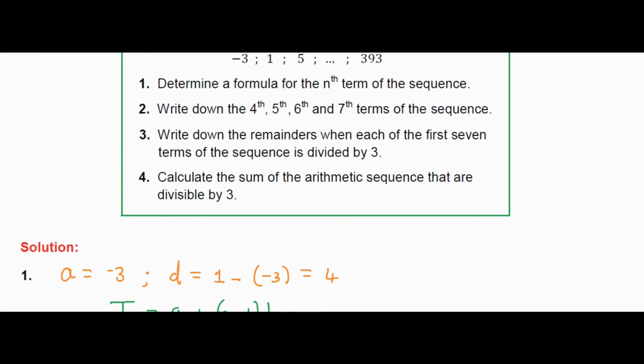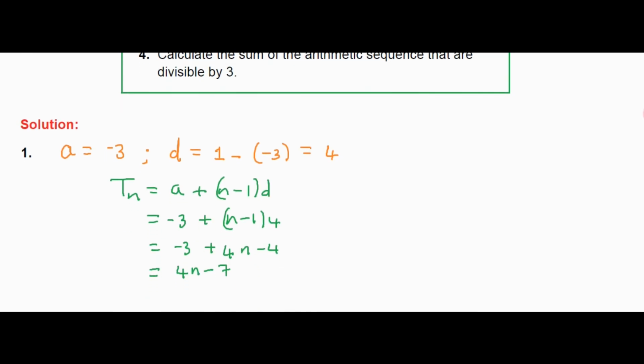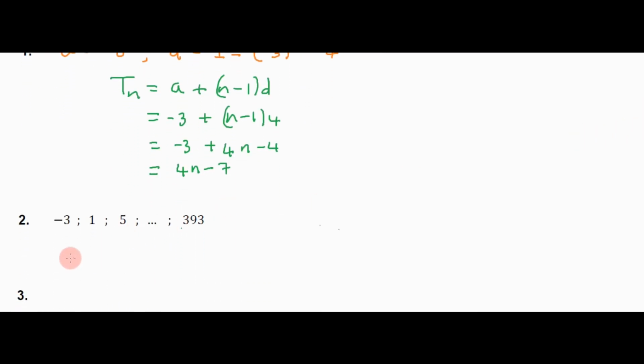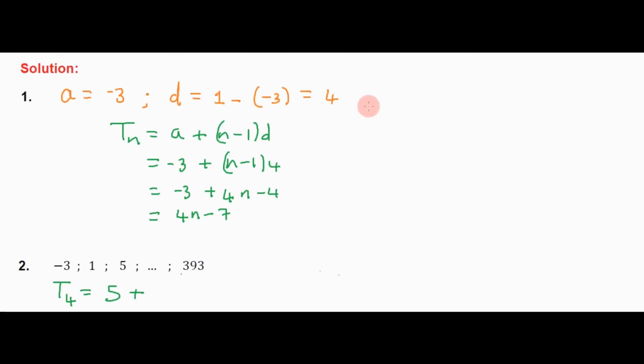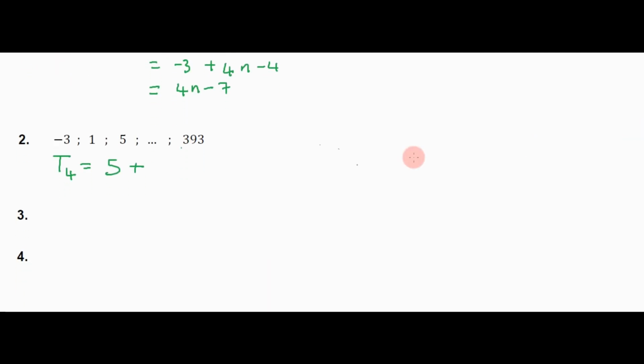In the second question, it says, write down the values of the 4th, 5th, 6th, and 7th terms of the sequence. So we have the first 3 terms. The 4th term, t sub 4, will be 5 plus the common difference of d. And we saw earlier that d was 4. So it's 5 plus 4, which is 9.